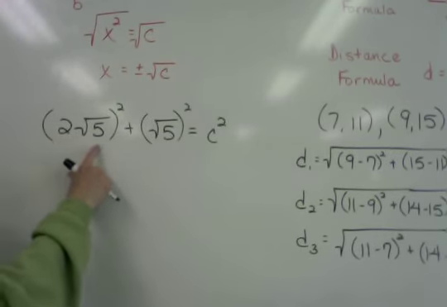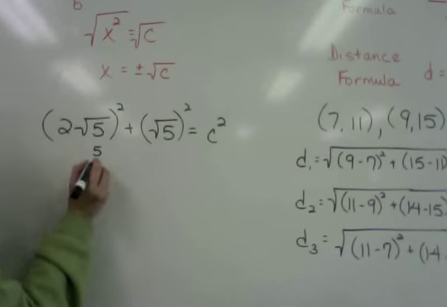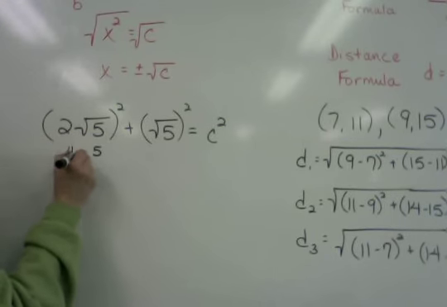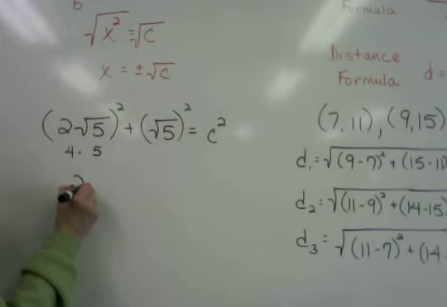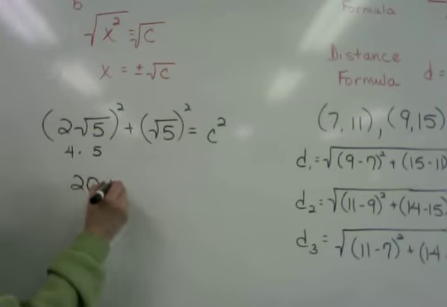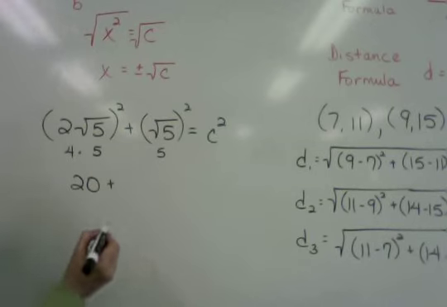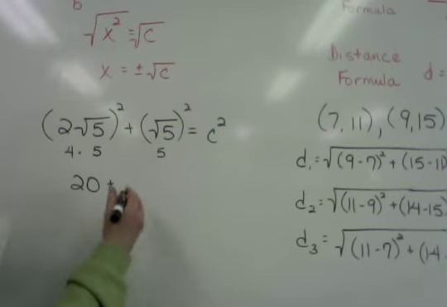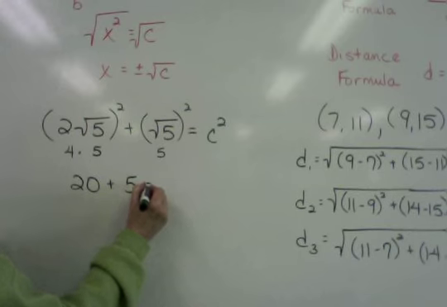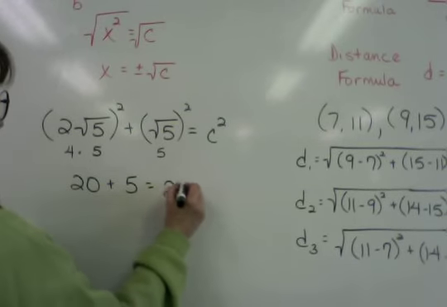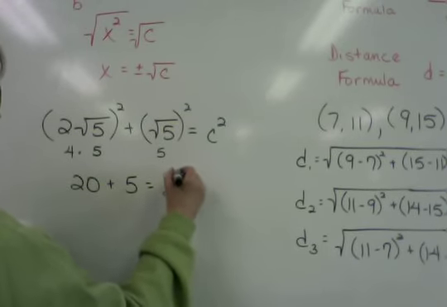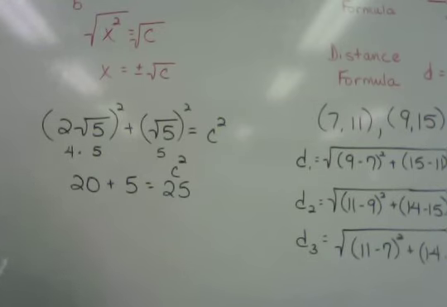Technically, what's happening here is the 5 is just going to pop out, but the 4 will be squared. So that is going to become 20. This one right here, 5 is just going to pop out. There's nothing to multiply it to, so it just comes down right here. 20 plus 5 is going to be 25, and that's what C squared would be.